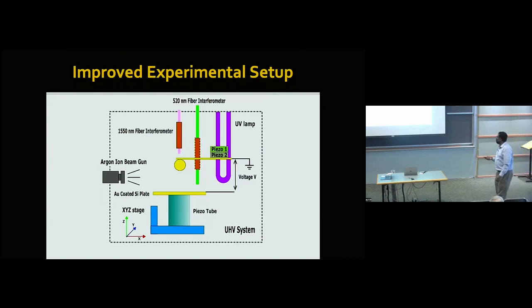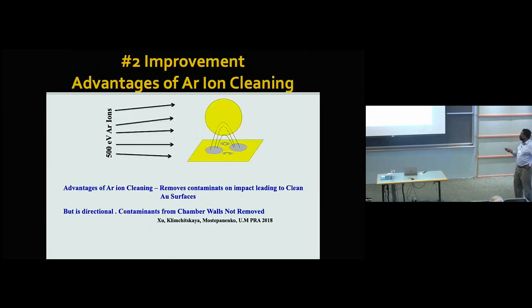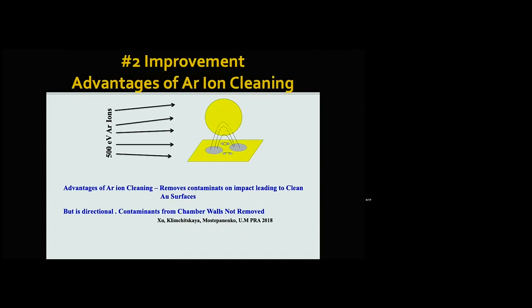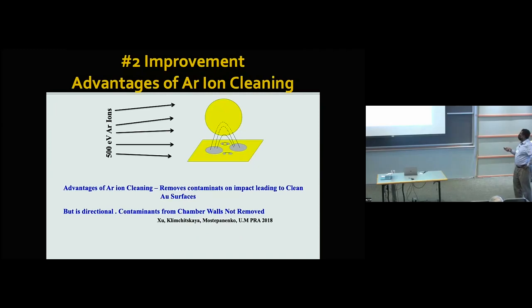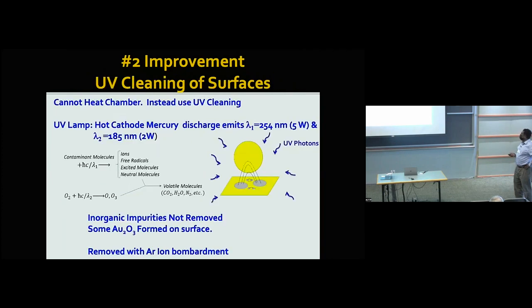And then we can get to ultra-high vacuum kind of pressures, keep everything clean for long, and make a long time frame measurement. So here's the argon ion beam. It will clean away all the impurities, but then the chamber still has a lot of impurities, so you have to use a UV light to clean the chamber out and repeat it over and over again.